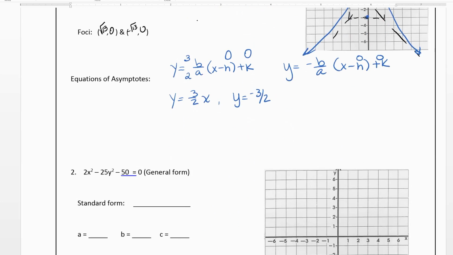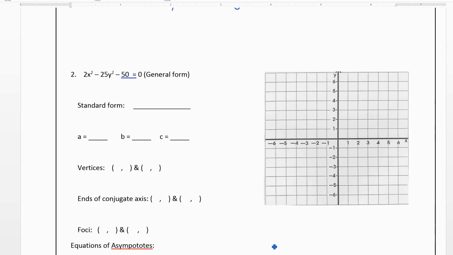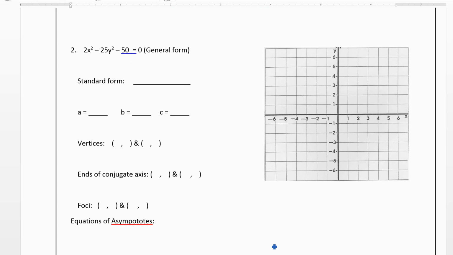Let's look at another one. Now, the general form looks like the general form we've seen before. Here, since we don't have just x terms and y terms, we're not going to have to complete the square, but we do want to first put the 50 over on the other side, so we're going to write it as 2x squared minus 25y squared equals 50.